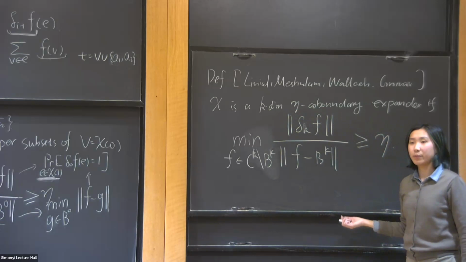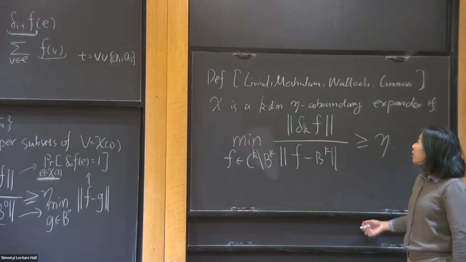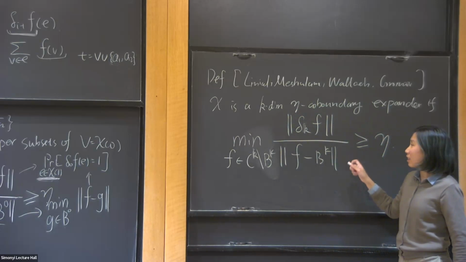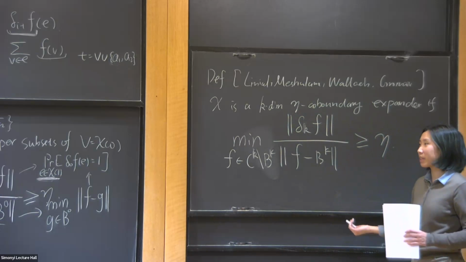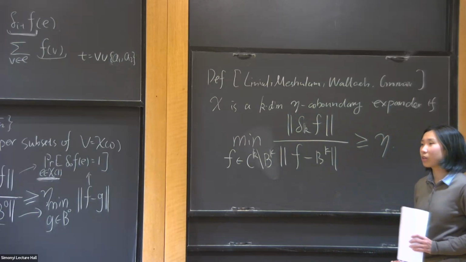So this is the definition. And we see that this exactly means normal expander graphs are 0-dimensional coboundary expanders.